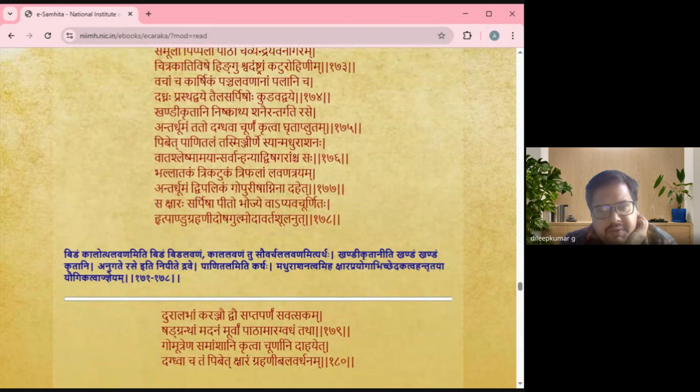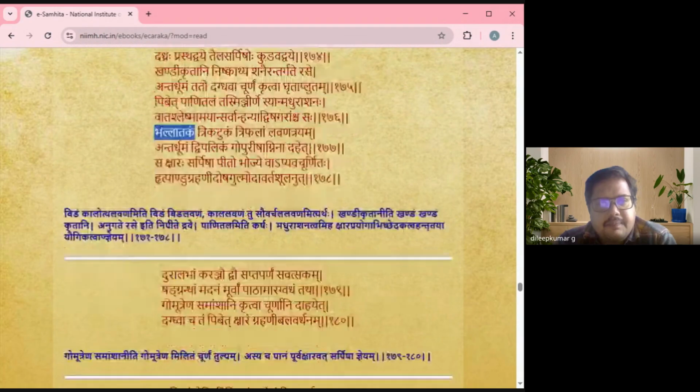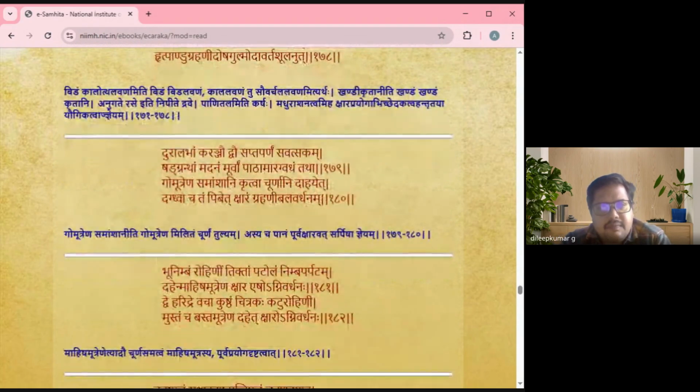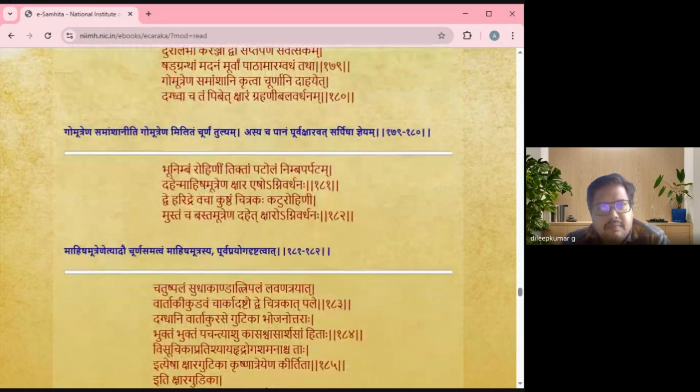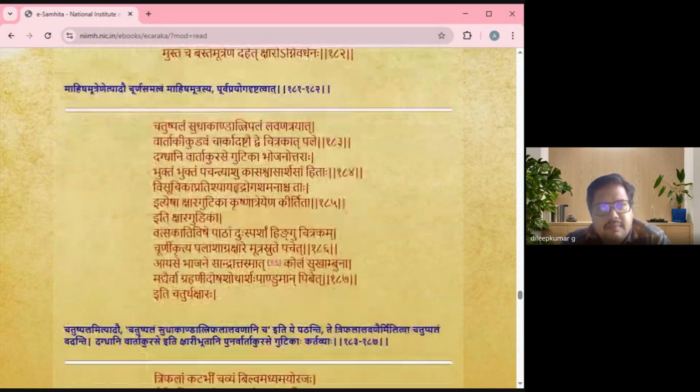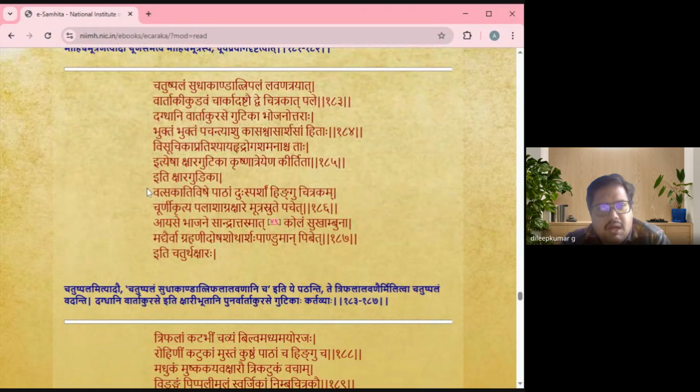Ballataka in the form of Kshara is mentioned. Ballataka Kshara is mentioned for Kaphaja Grahani. Shara Gutika is mentioned for Kaphaja Grahani.